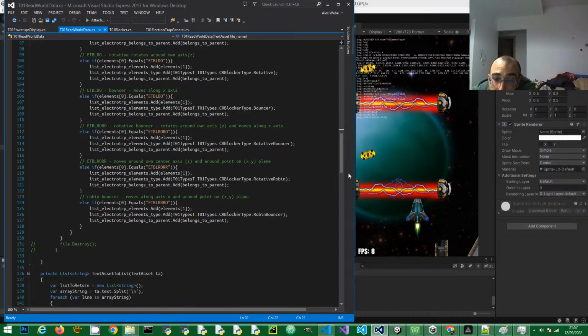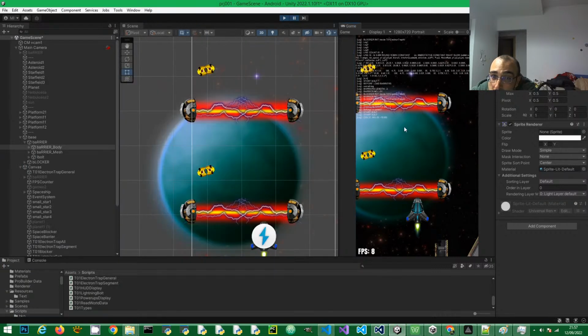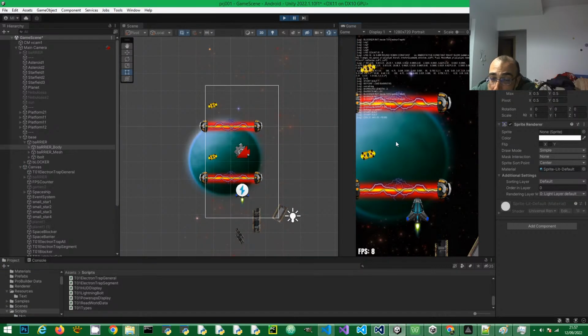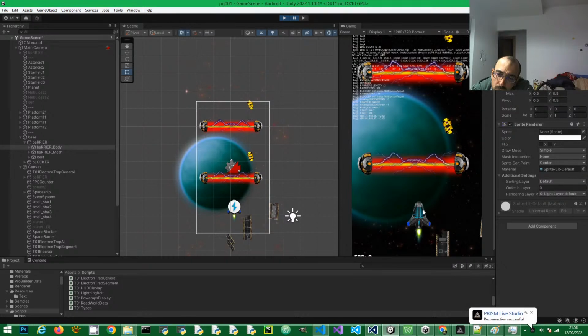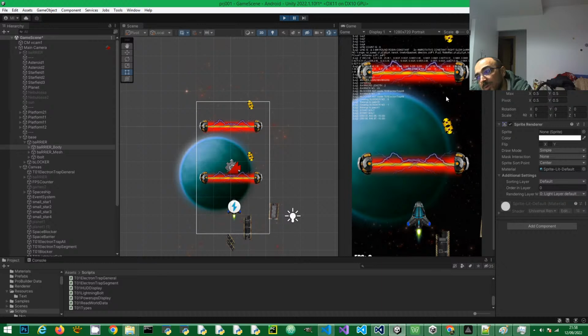And the next phase, after we solve these issues, which are starting to be solved quite well, you see, we have movement here. We will make the spaceship shoot its laser beams towards the blockers, and it will be a simple tap or a click of the mouse.